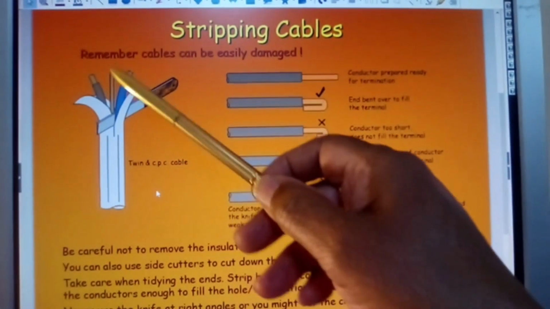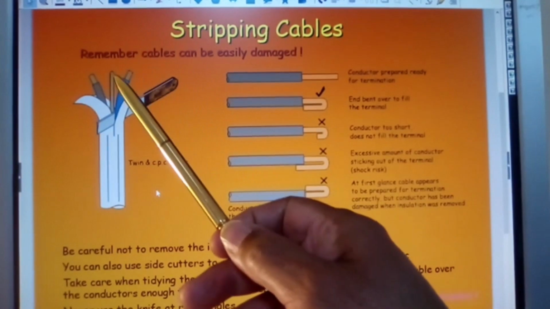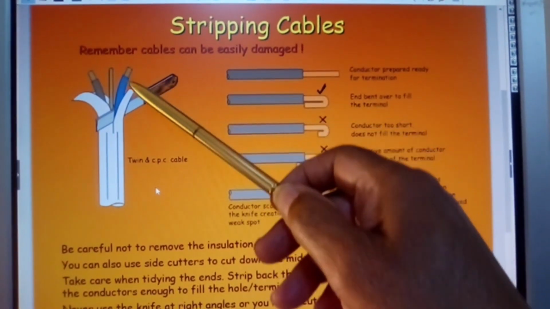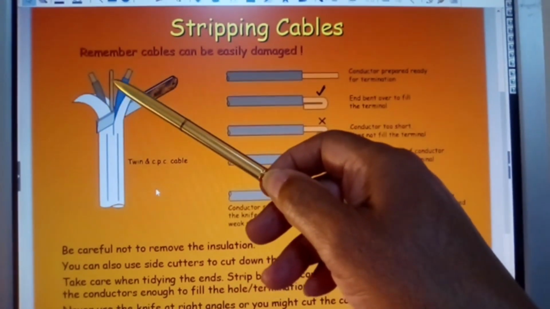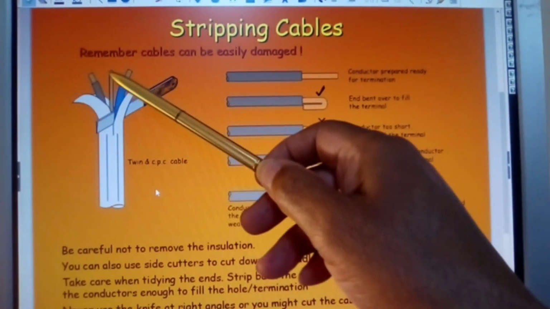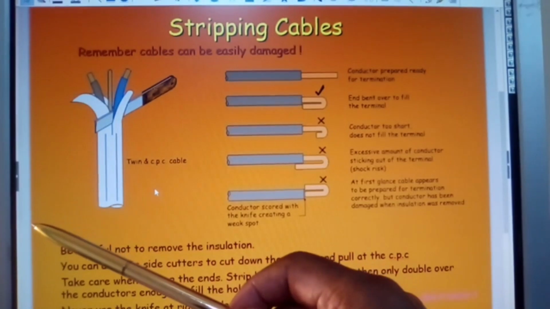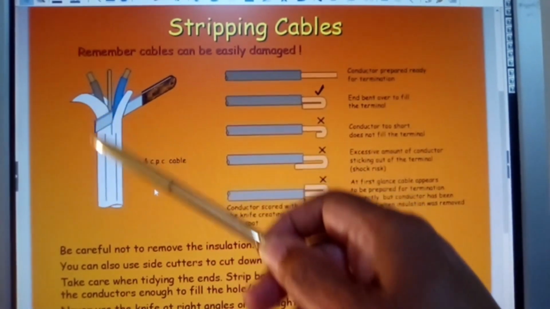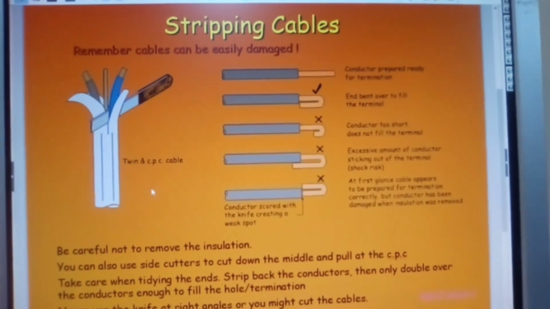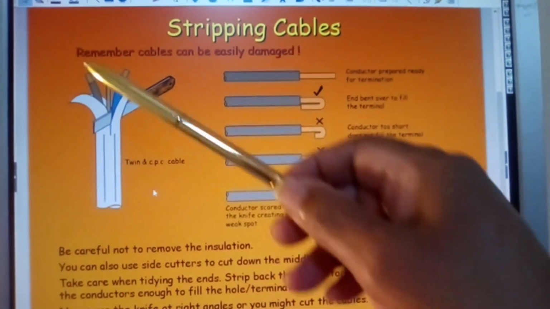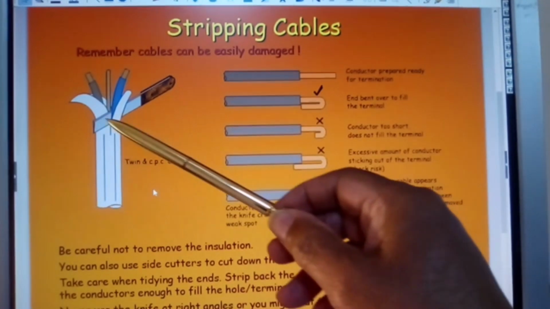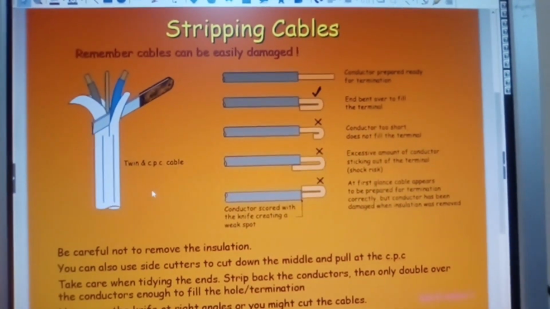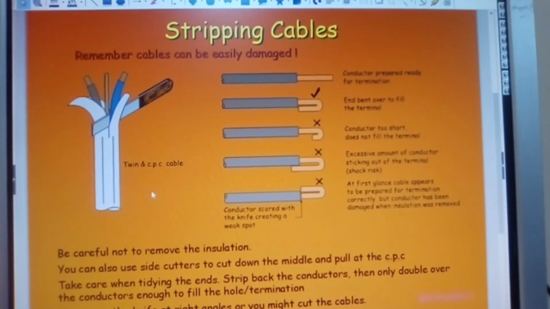So what you would do is make a little split with a pair of side cutters at the top and pull the CPC down slowly and gently using pliers. Don't go like a lunatic and yank it. You'll find that this will come away quite neatly, and you can then use a knife to etch it and take it away.